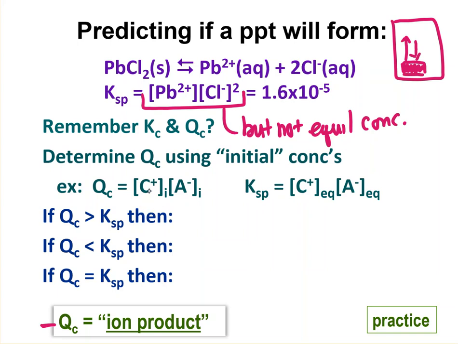And this is just what I was saying, that if you multiply these out and you get too big of a number, then the reaction will go this way and you'll get a precipitate. If the Qc is too low, then the reaction will go this way and more precipitate will dissolve.